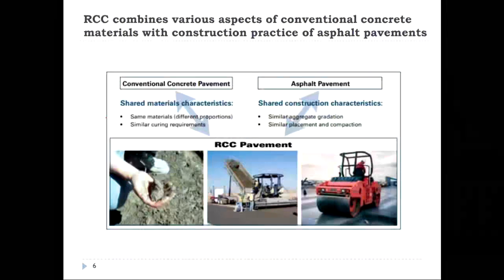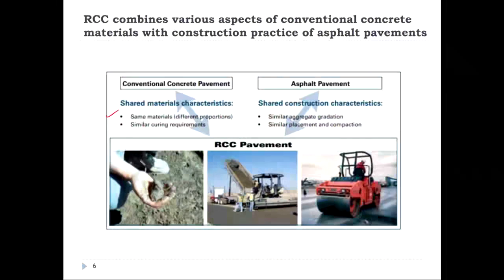You have the same materials: coarse aggregates, fine aggregates, hydraulic cement binder, water, and admixtures also. So in the case of roller compacted concrete as well as conventional concrete, in terms of materials, they are the same, and they have similar curing requirements.